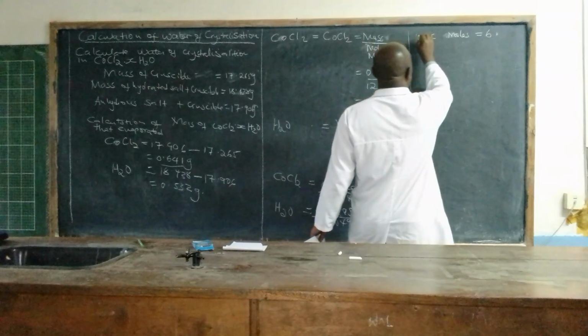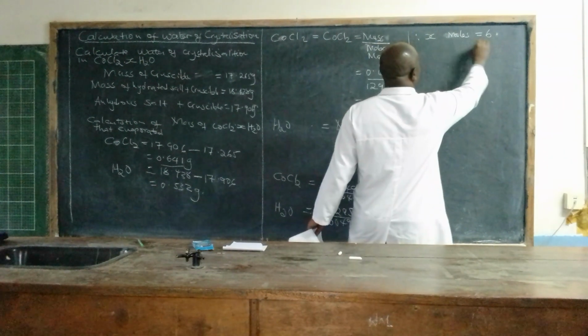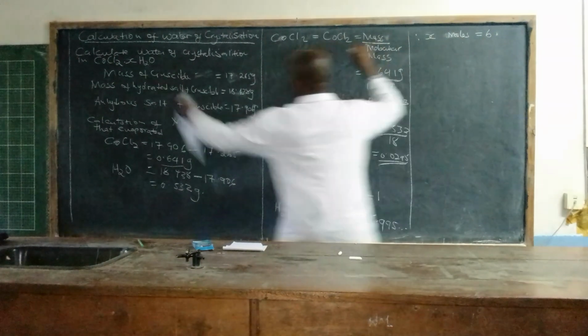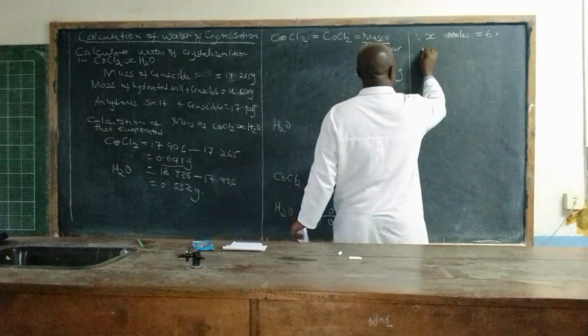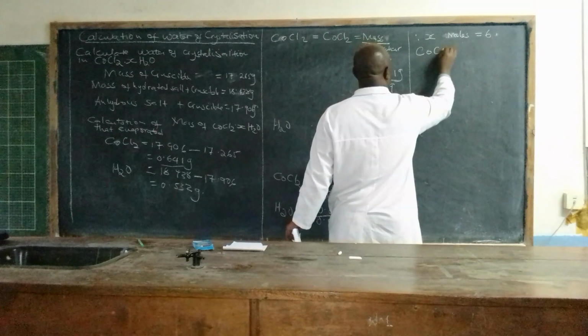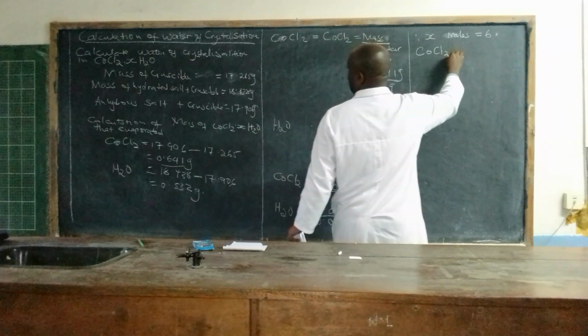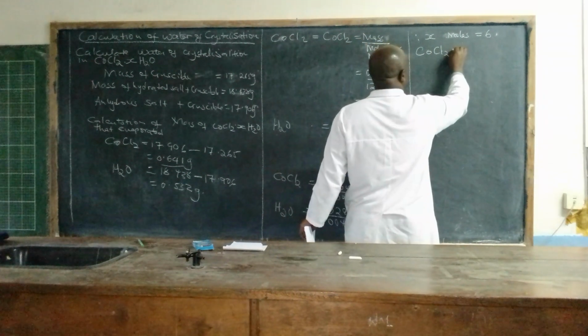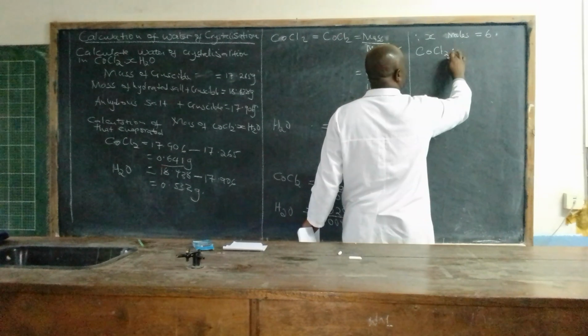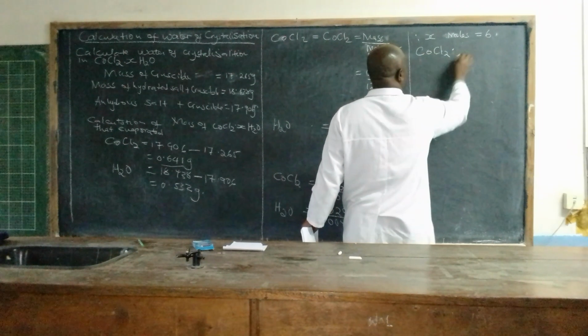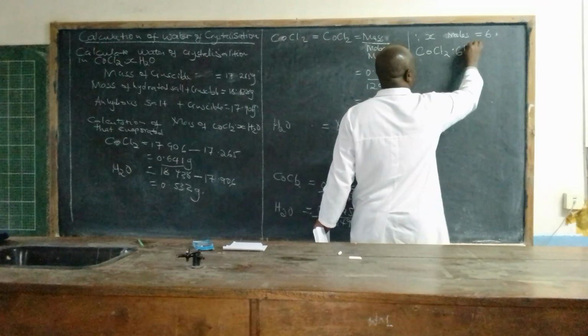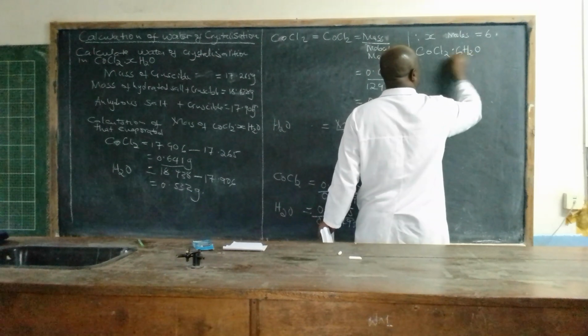This dot means the number of water of crystallization molecules in this compound. The final formula is supposed to be written like this: CoCl2.6H2O.